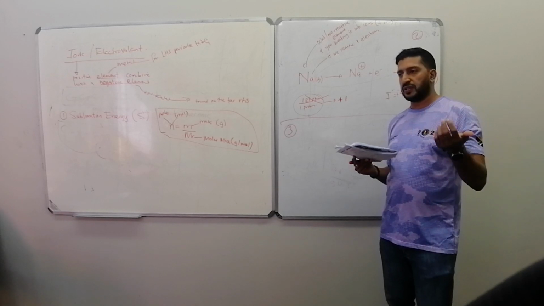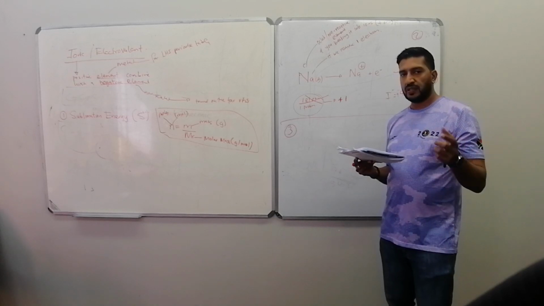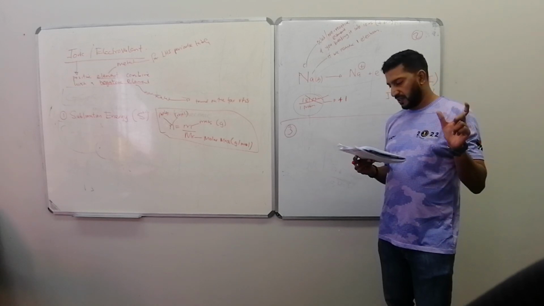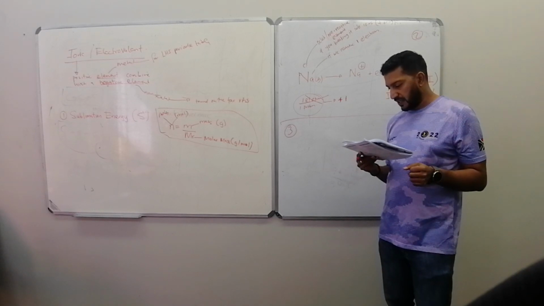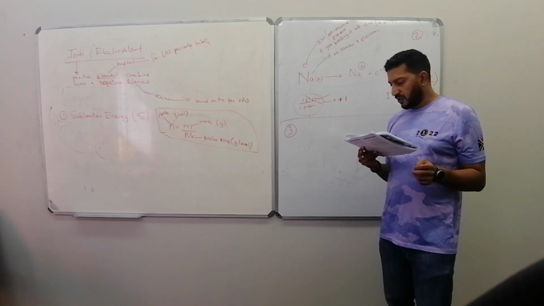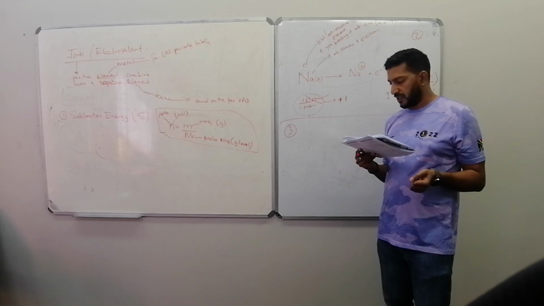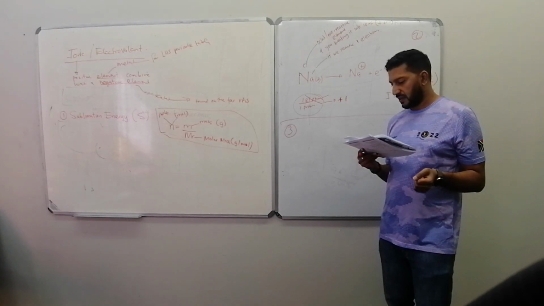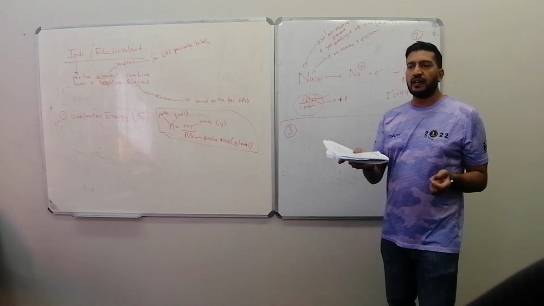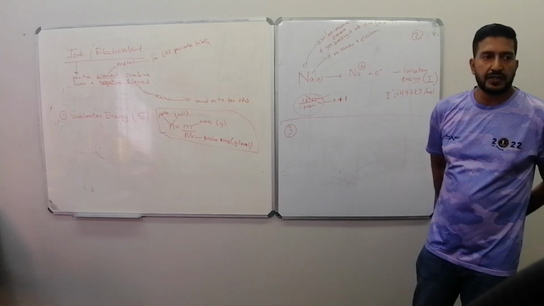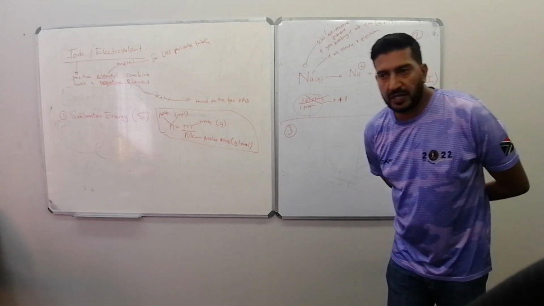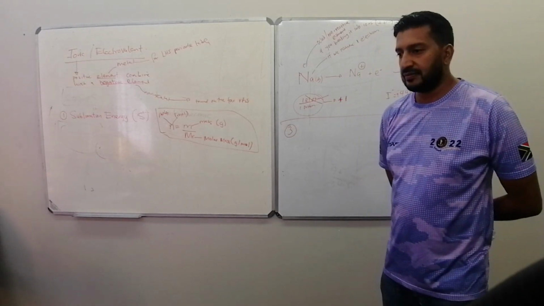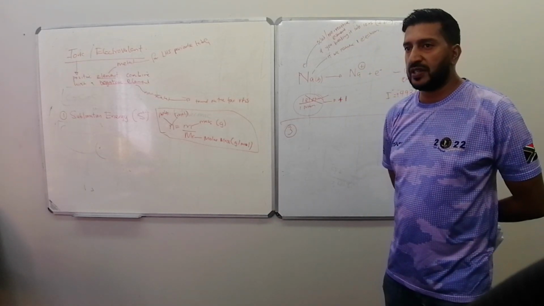But do we want two chlorine together? No. We just want a single chlorine in gas form. So the energy needed to break the covalent bond between those two chlorine is known as the dissociation energy. And what type of bond are we breaking here? And why do we say it's a covalent bond?